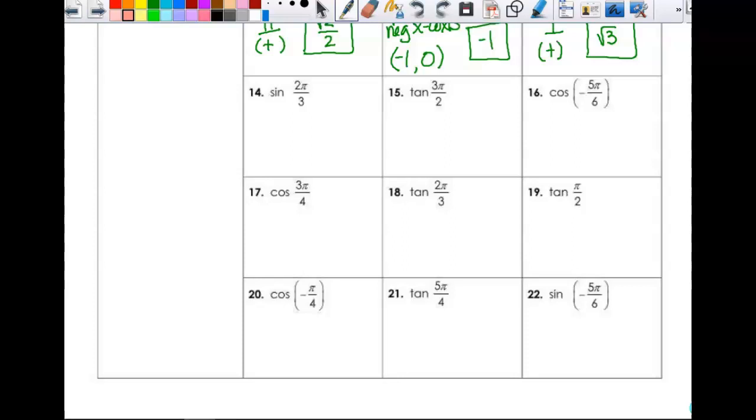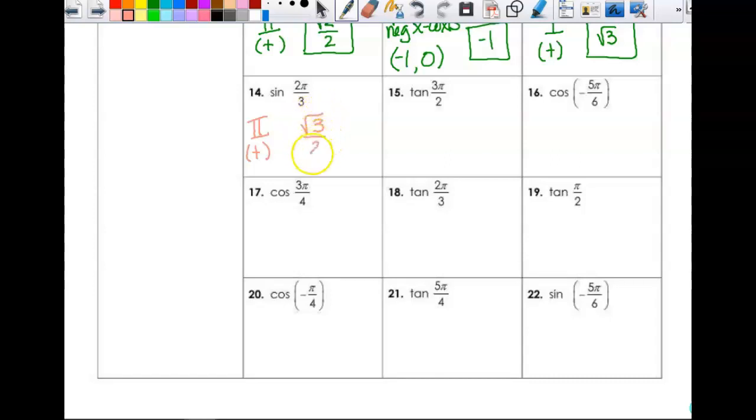All right, Gabriel, tell me what you got for the sine of 2 pi thirds. Yes, that's positive. Square root of 3 over 2.